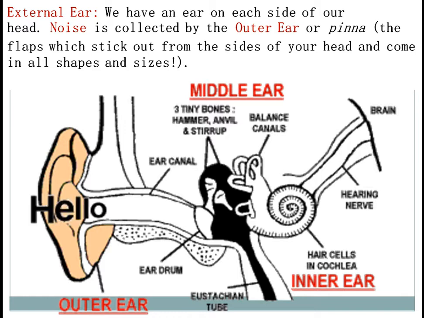Here you have the attached 3 bones. From the outer side up to the tympanic membrane, this is the outer ear or the external ear. From the tympanic membrane up to the foot of the stapes, it is the middle ear, and from there onward we have the internal ear.